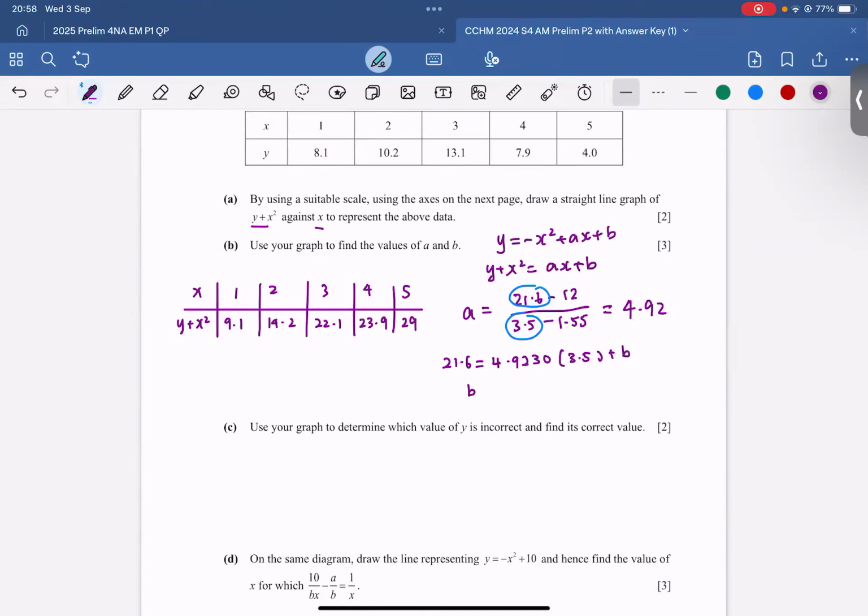So b equals 21.6 minus 4.923 times 3.5. You will get 4.37. Okay, round it off to 3 significant figures. Okay, of course, there's a room of error that they allow.